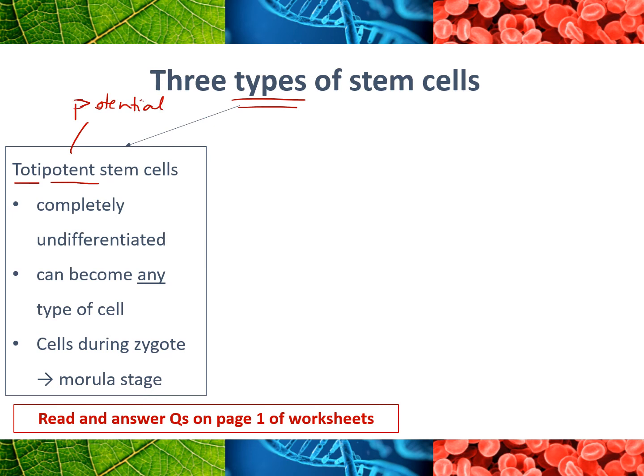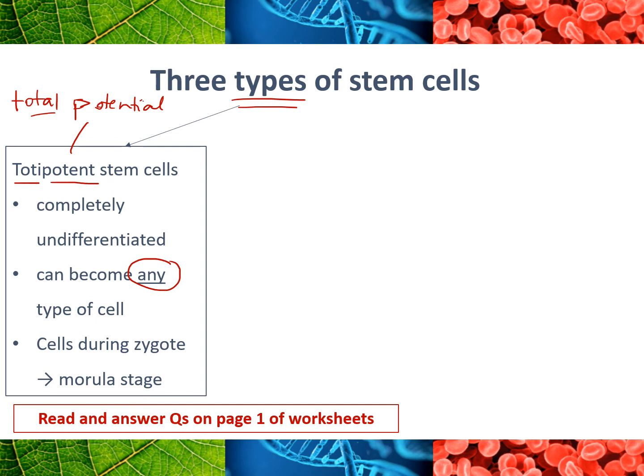Potential is the ability to do something or become something. And then toti meaning total. A totipotent stem cell has total potential, meaning it has the potential to become any type of cell.